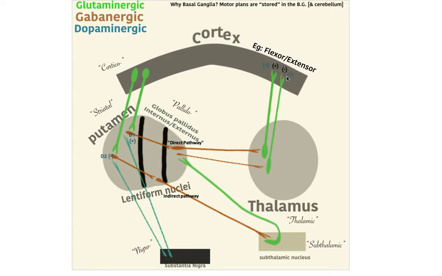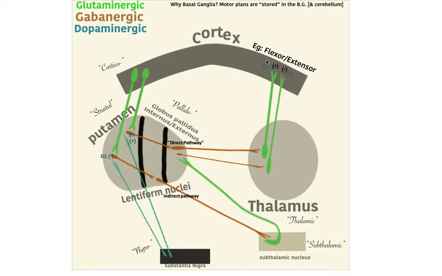So you get the opposite sort of signal. Whereas on the direct pathway, when the dopaminergic neurons fire onto these D1 receptors, you see that there is a stimulatory effect, and that matches this cortical neuron, where you can see the overall effect in that sense would be that it increases that signal.